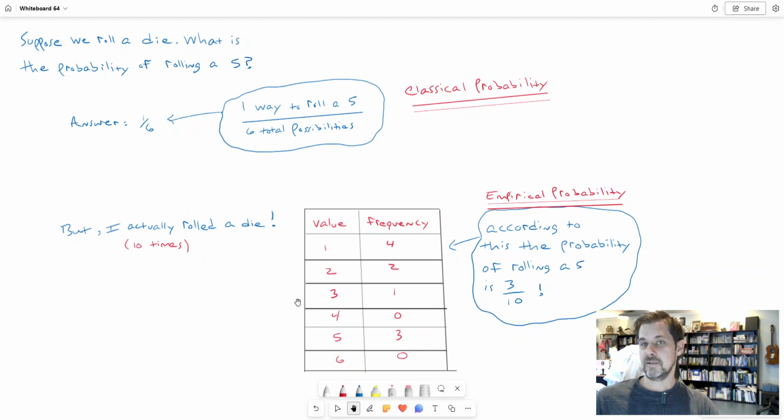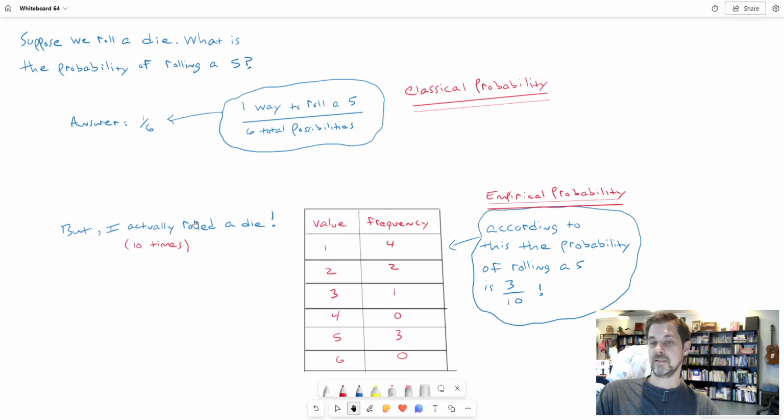The other answer that I think is the truth about this die is that if I were to roll the die more times, these probabilities would all even out. Meaning the frequencies would even out. I would get a 4 just as much as a 2, just as much as a 1, as much as a 3. It wouldn't be that I rolled one number way more than the others. That's called the law of large numbers.